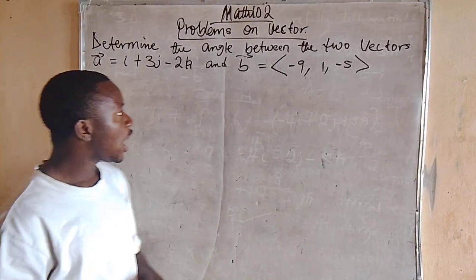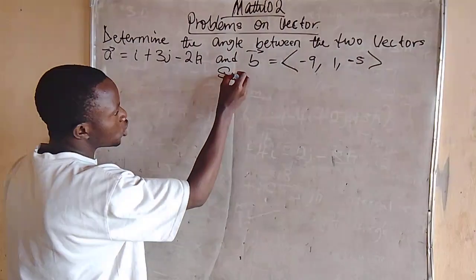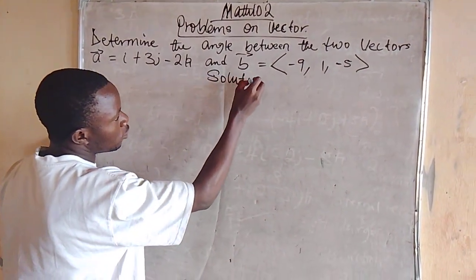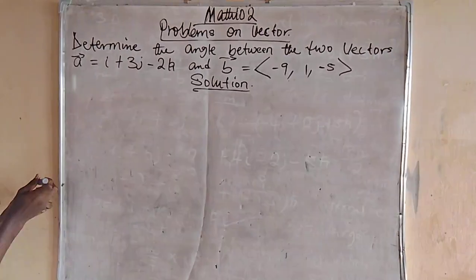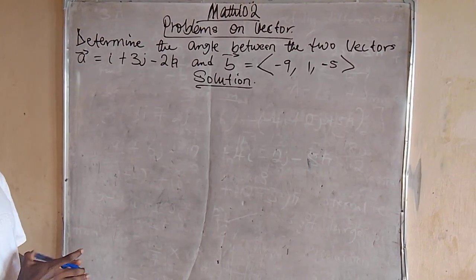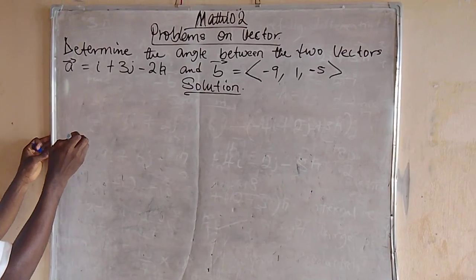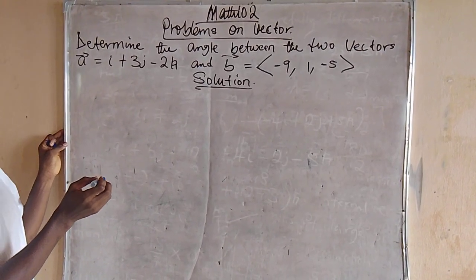So for us to answer this question, we have to make use of the dot product formula. Follow me very well because it's a little bit confusing. We are just going to look for ways to manipulate and get our answers.